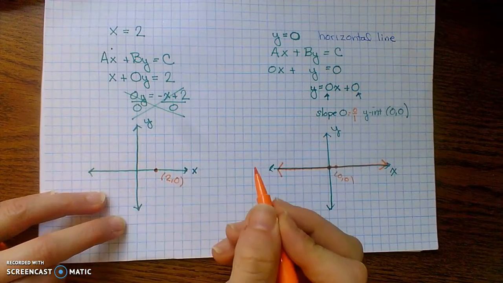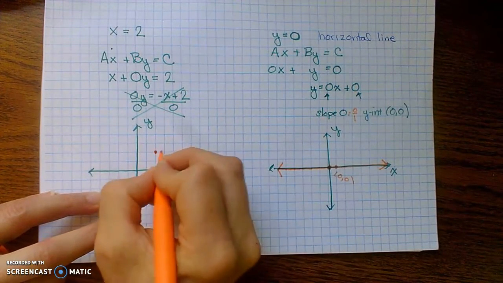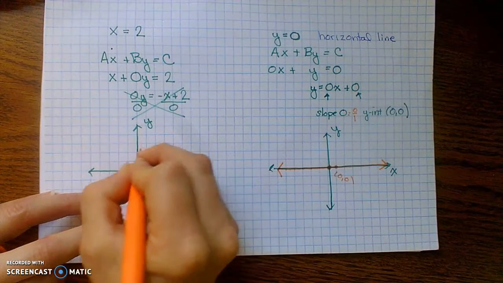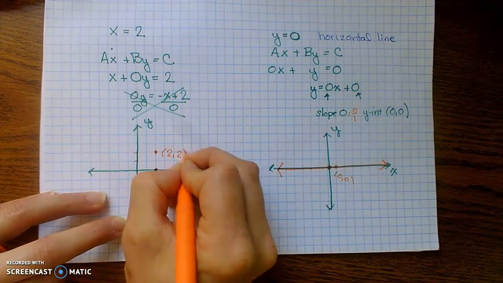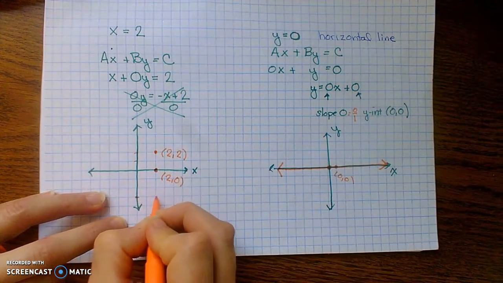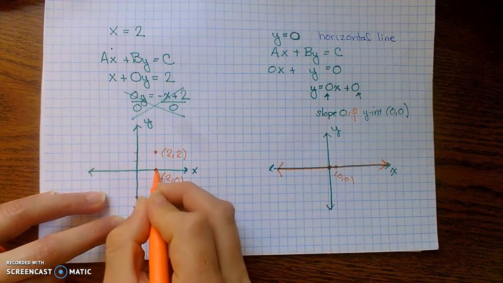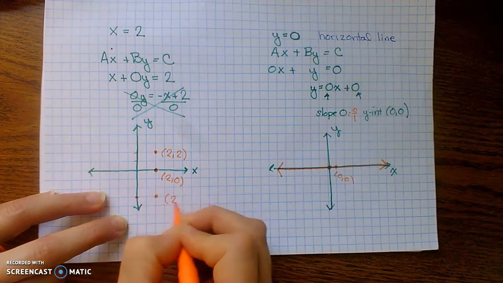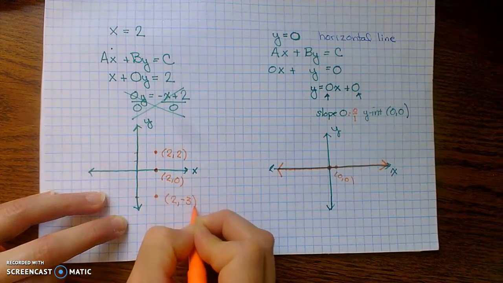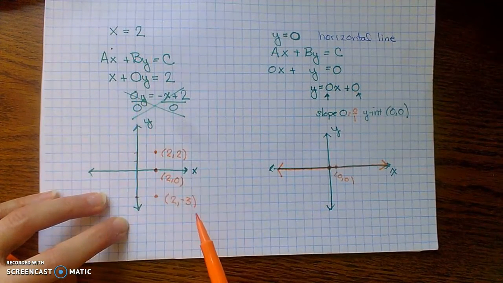And you can plot another point on this line, like here's another point with x-coordinate 2. Here x is 2, y is 2. Let's plot another point on this line, like down here. This point, the x-coordinate is 2, the y-coordinate is negative 3. These are all points whose x-coordinate is 2.